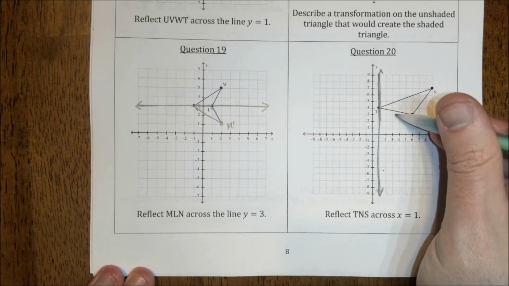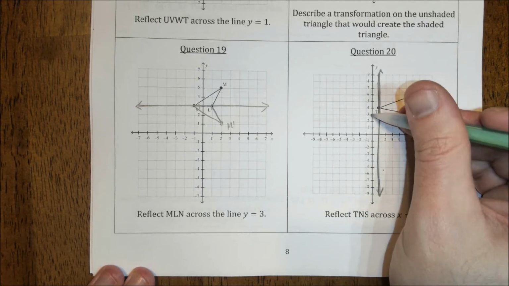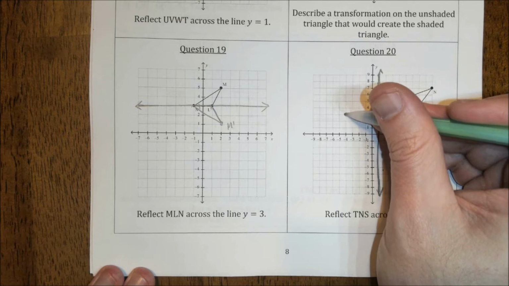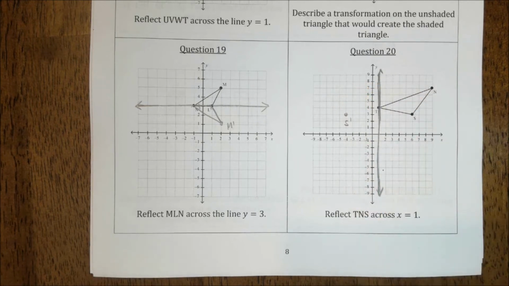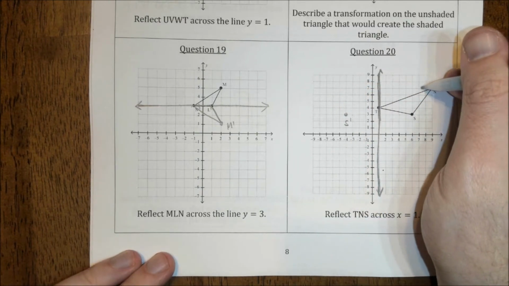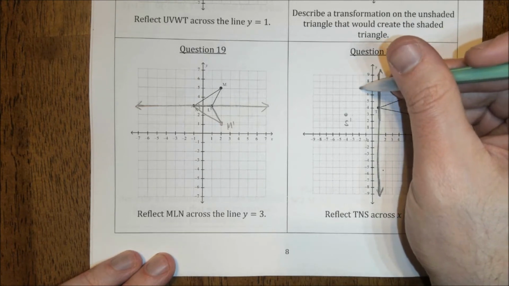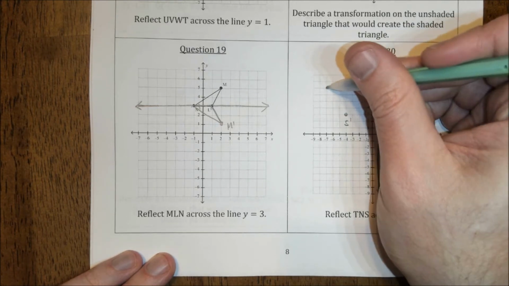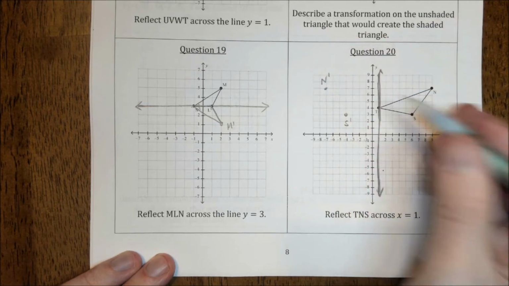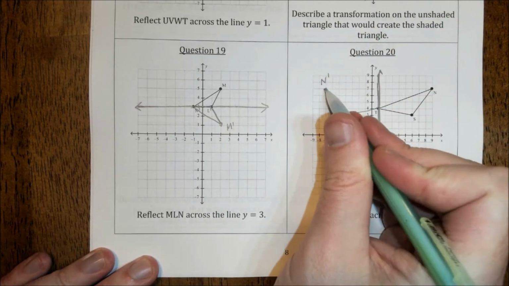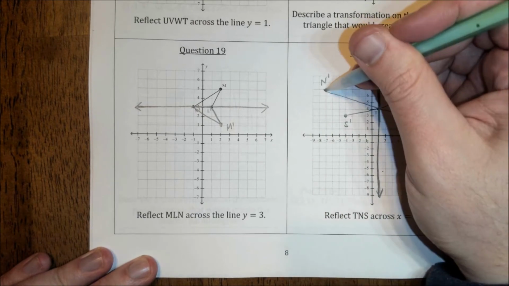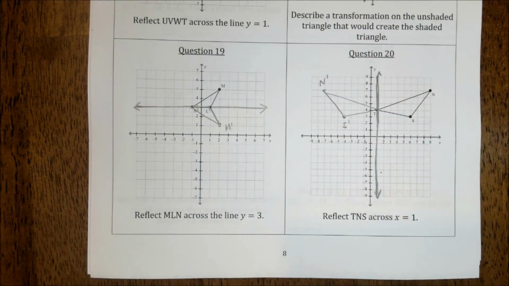S is 1, 2, 3, 4, 5 to the right. 1, 2, 3, 4. It's now 5 to the left. N is 1, 2, 3, 4, 5, 6, 7, 8 to the right. 1, 2, 3, 4, 5, 6, 7. Now it's 8 to the left. Let's connect them. We have our shape reflected across x equals 1.